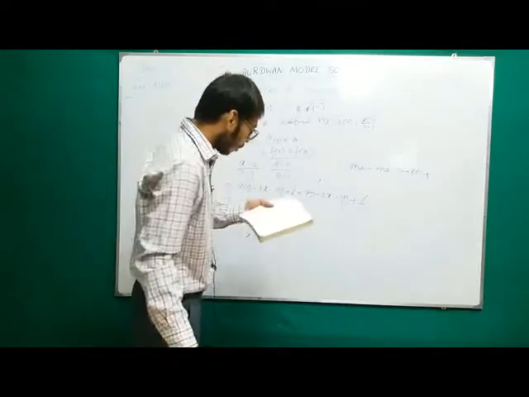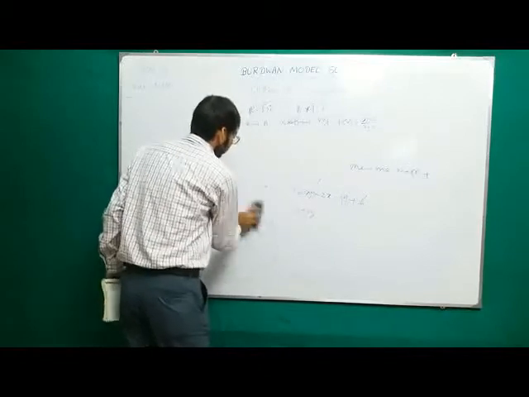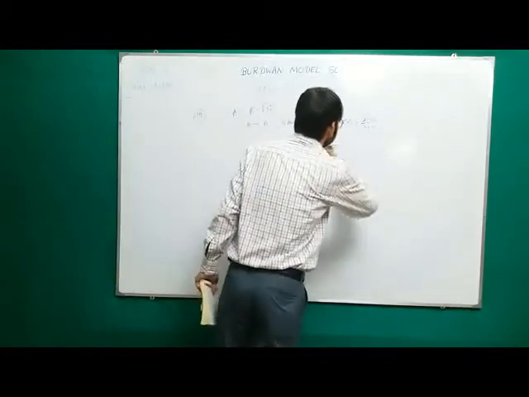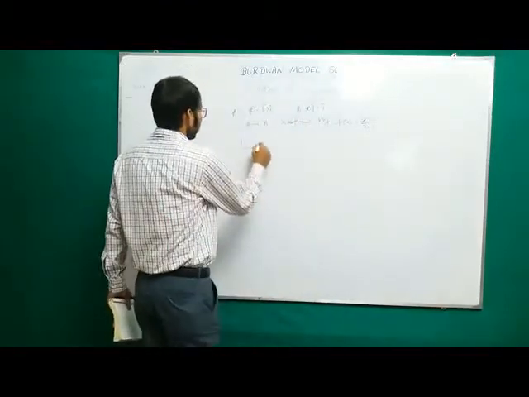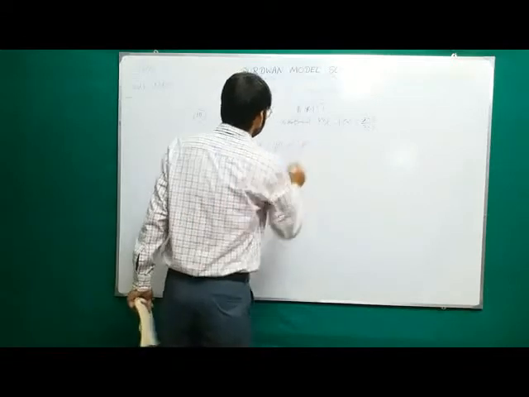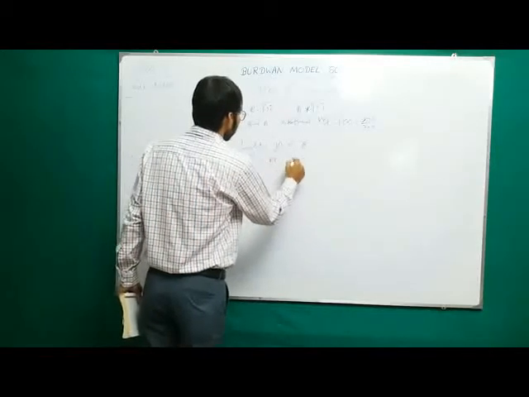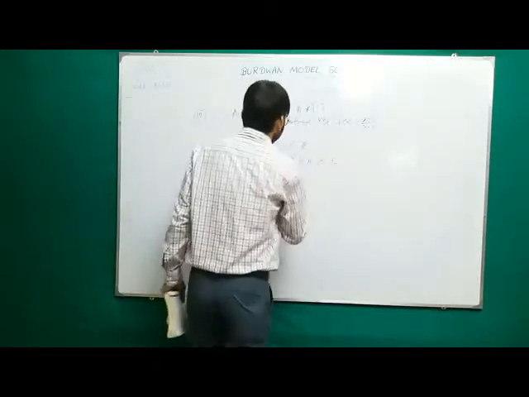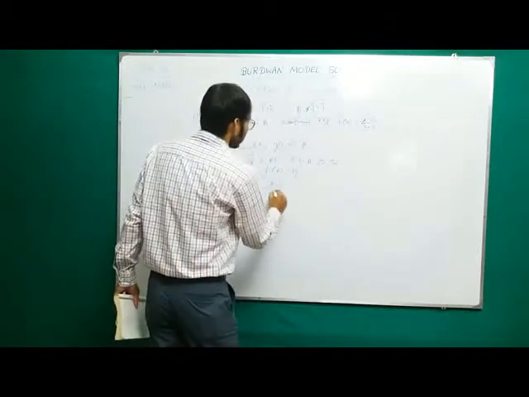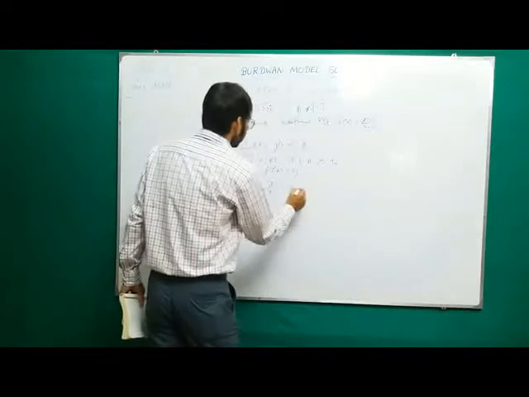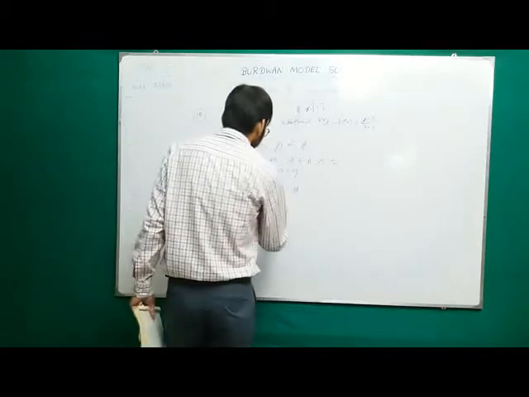Now come to the onto portion. Let us take a point y from B, that means the codomain. Then from the definition there exists a point x belonging to A such that f of x equals y, that means x minus 2 by x minus 3 equals y.